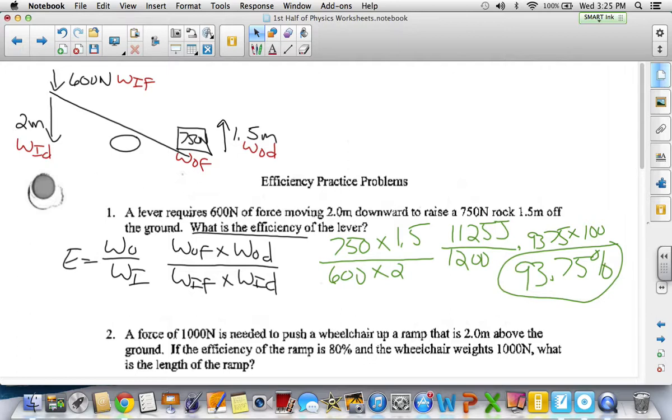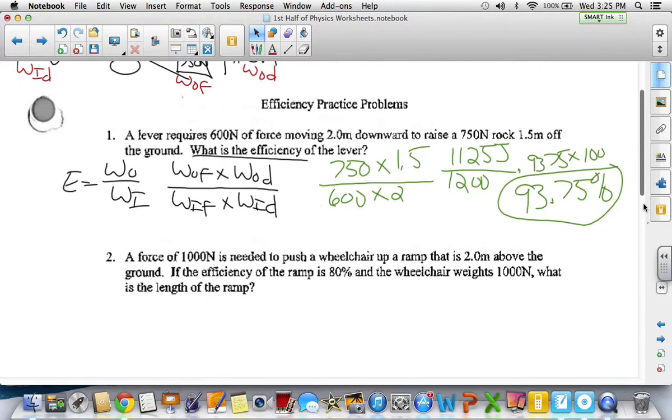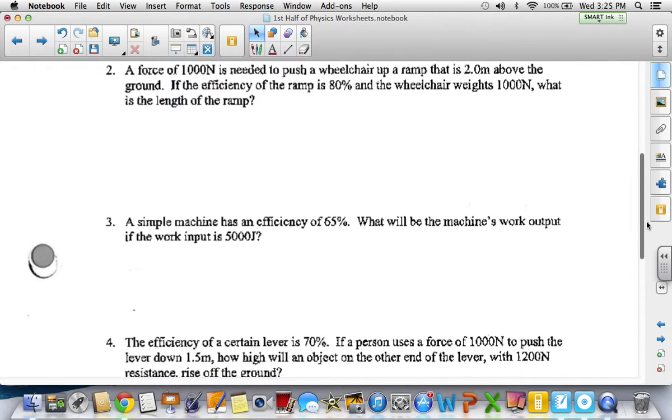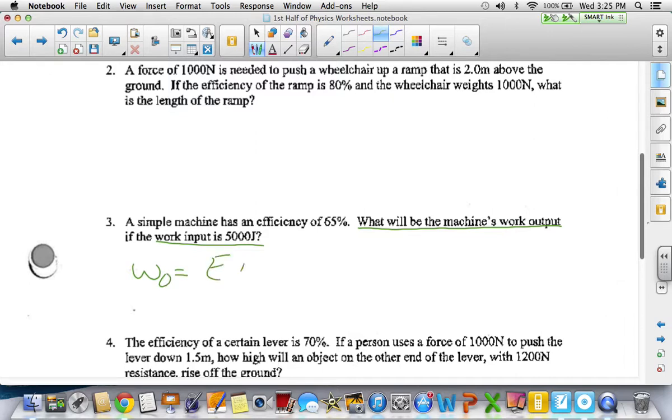So again, with all these problems, draw pictures as much as you can. It really will help. Number 3: a simple machine has an efficiency of 65%. What will be the machine's work output if the work input is 5,000 joules? Going back to our equation, the work output would be equal to the efficiency times the work input.